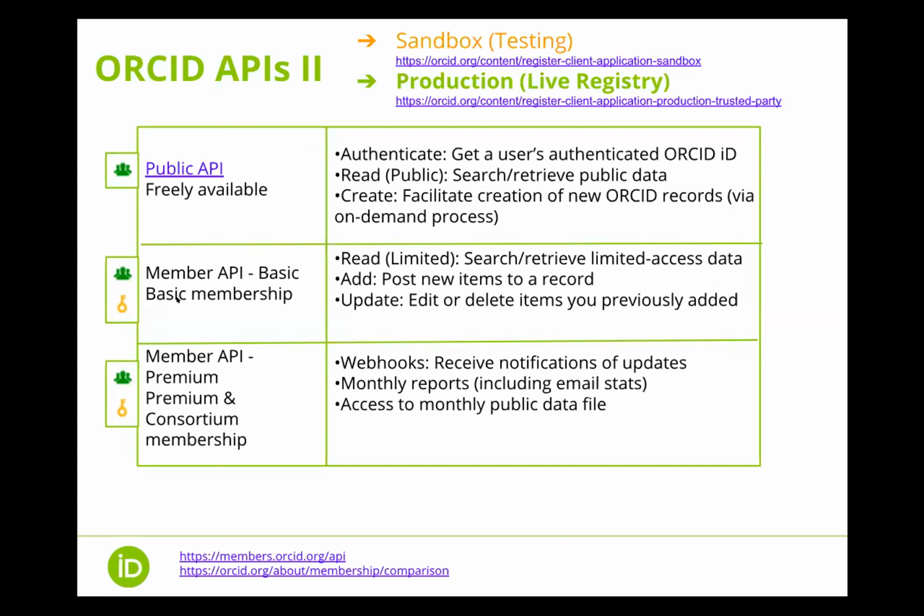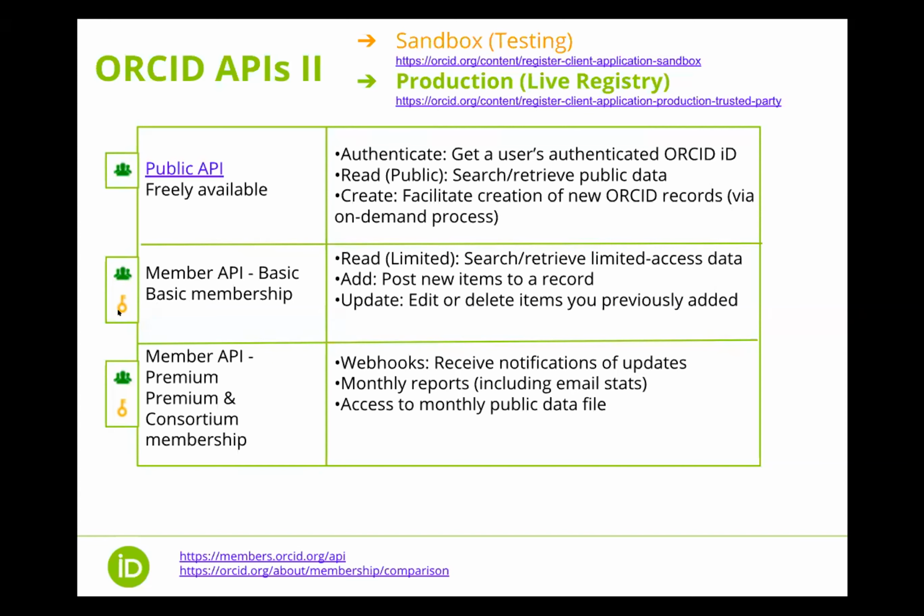With the member API, we have 2 levels. The basic level allows the same functionalities as the public API, plus you can access a second visibility level called trusted parties, and this is represented on the ORCID registry with this key icon.